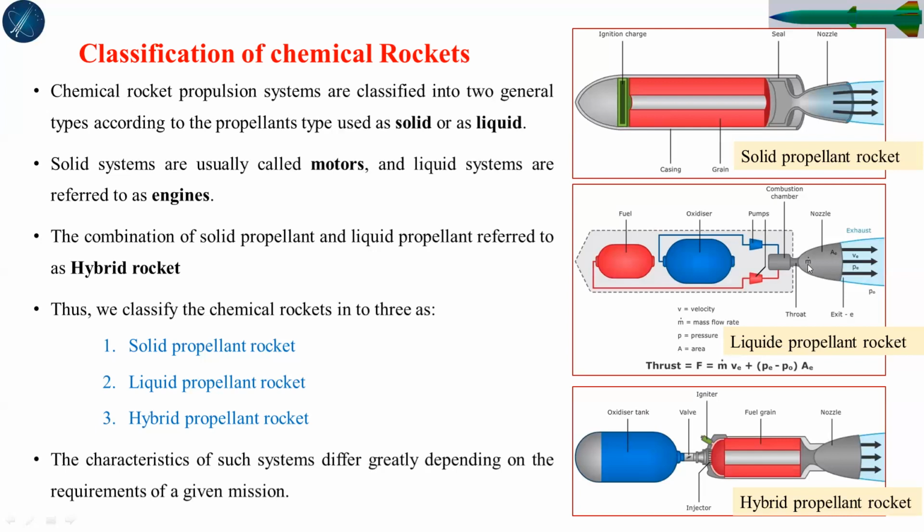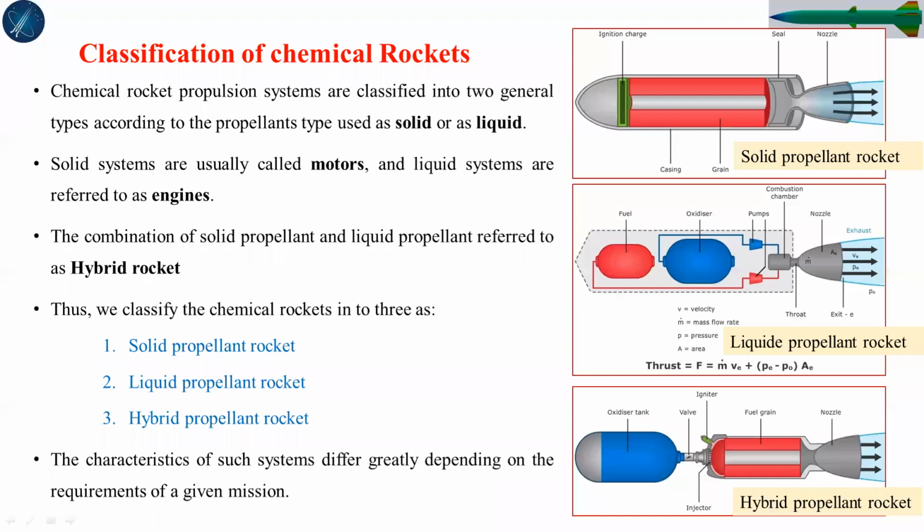The mass flow rate will be at high speed in the diverging region. Here it is the converging region, then there is a diverging region. Through the exhaust, the high pressure gas escapes. This is the exit region, this is the throat region, and this is the fuel tank and other parts. From that, we can find the thrust equation here.